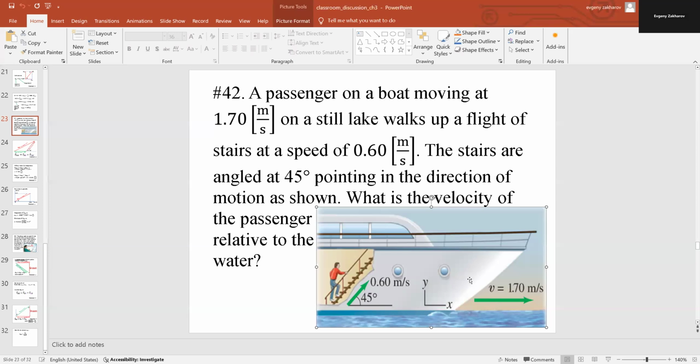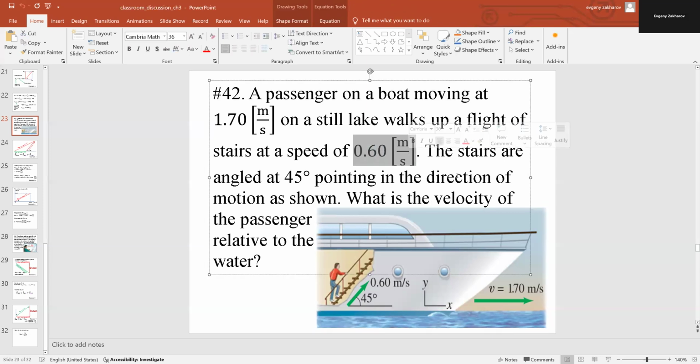Okay, so boat with respect to the lake, that's what's given. And then a passenger is trying to get to the second level, and the rate for that is 0.6 meters per second. And not only that, but also the stairs have a certain angle with respect to the horizontal axis.